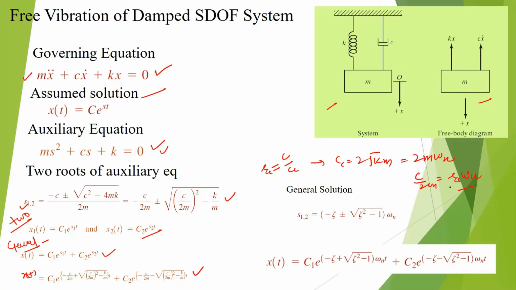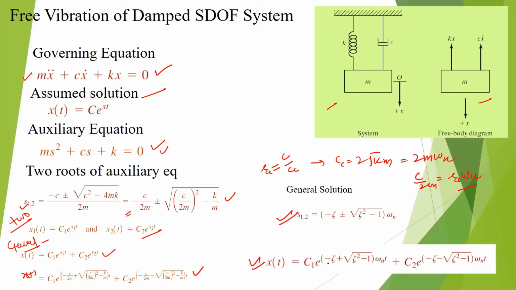If we put this value in these two roots, they can be represented in terms of zeta like this. So the general solution in terms of the damping ratio zeta can be represented by this equation.